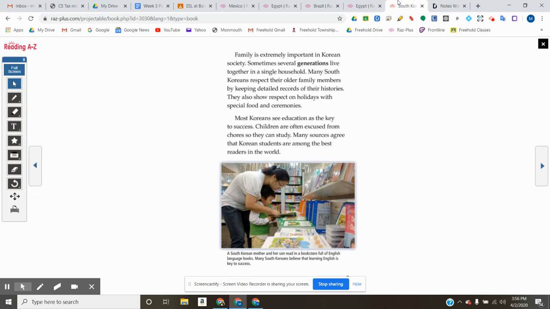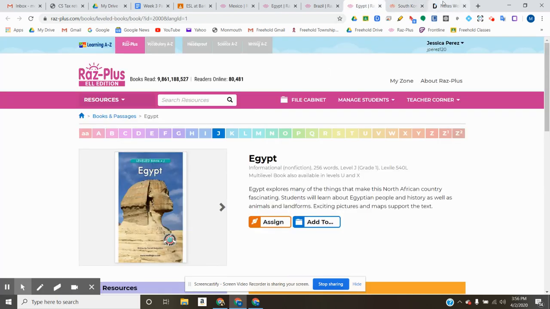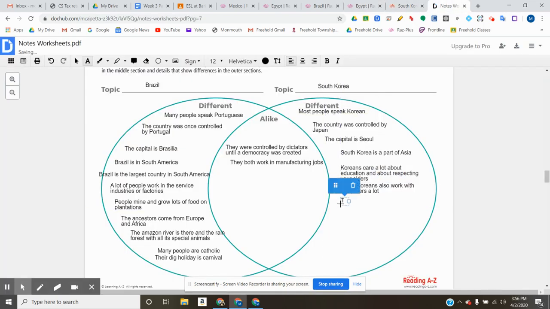What else we got? Here's that education, the land, many mountains.